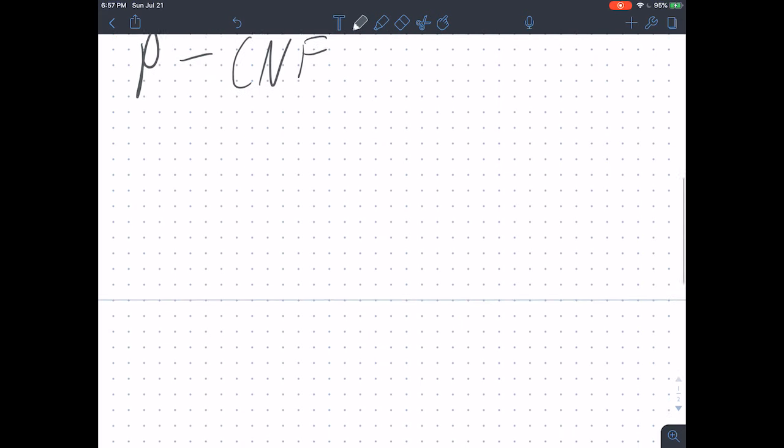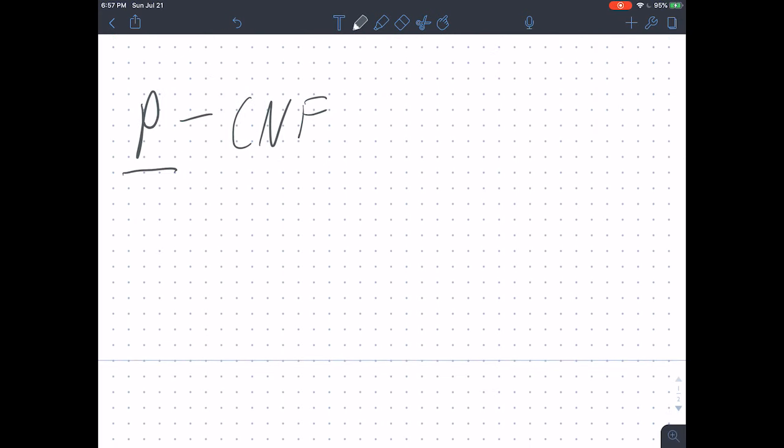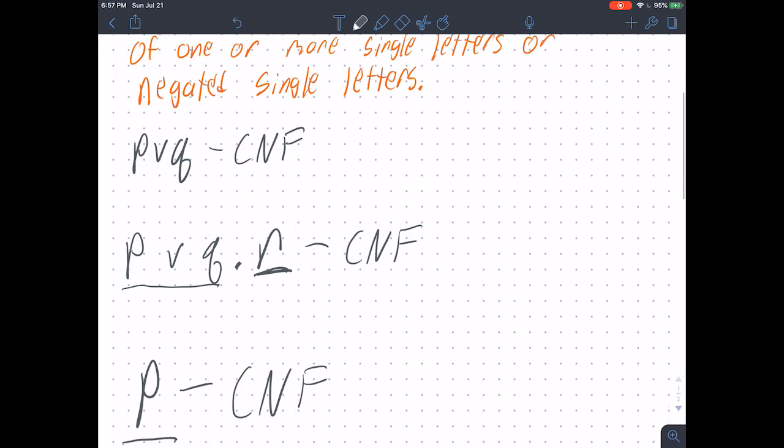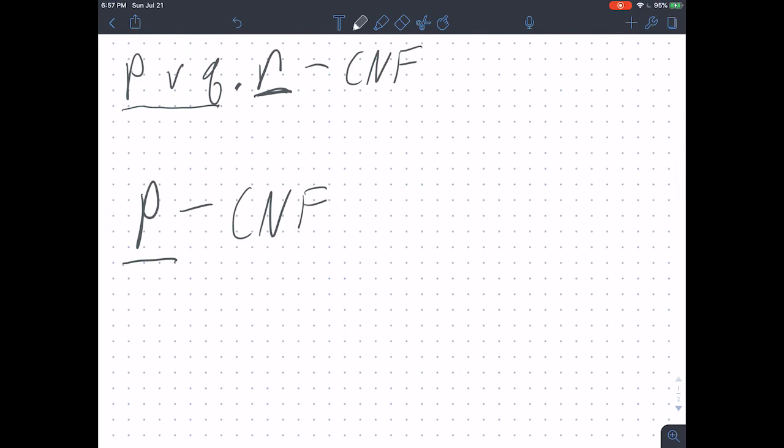So the schema P has one clause, the letter P, and P is, under the convention that we've been adopting, an alternation of one single letter. Again, that's a bit weird, but remember, P is just equivalent to P or P. So we can think of single letters like this P as an abbreviation for this, which is an alternation, so that should make sense.